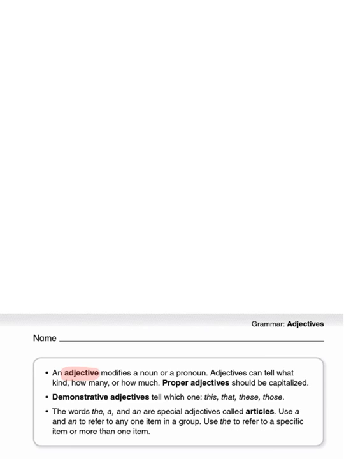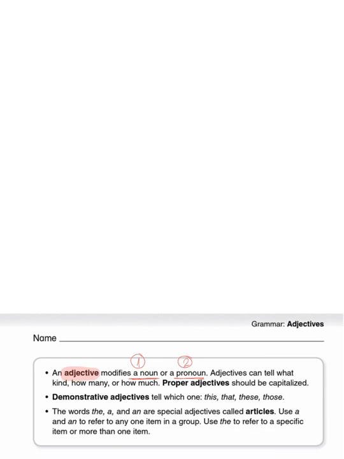So, an adjective describes or tells more about two things. Number one, it tells more about the noun. And number two, it may tell more about a pronoun. Who can give now an example to clarify how an adjective can modify a noun?